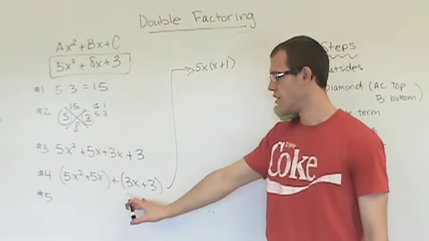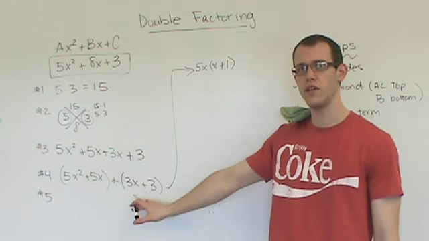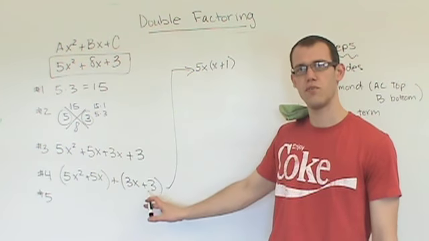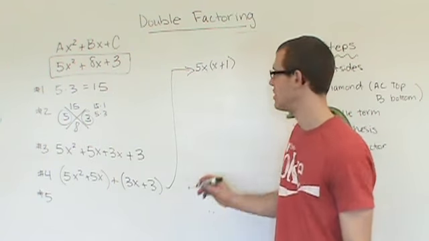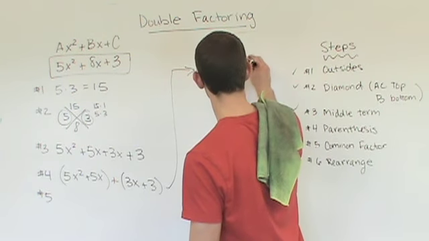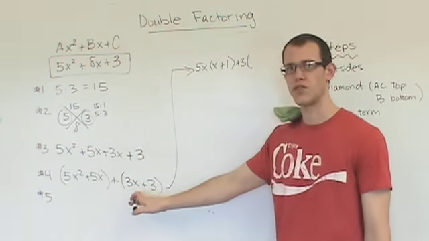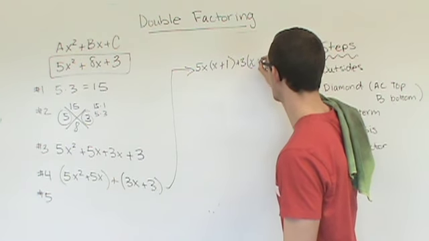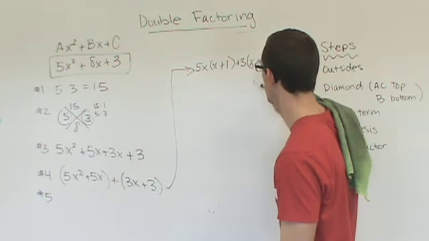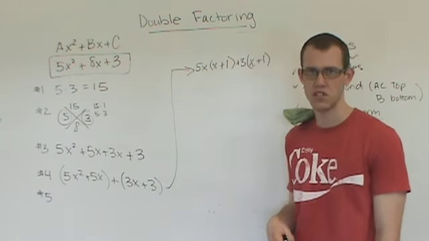All right. Next, for our second grouping, what do they have in common? Well, they both have a 3 in common. So we're going to take out a 3 from each of these. So I'm going to write plus 3. So if I take a 3 out of the 3x, I'm left with x. And if I take a 3 out of the 3, I'm just left with my plus 1.